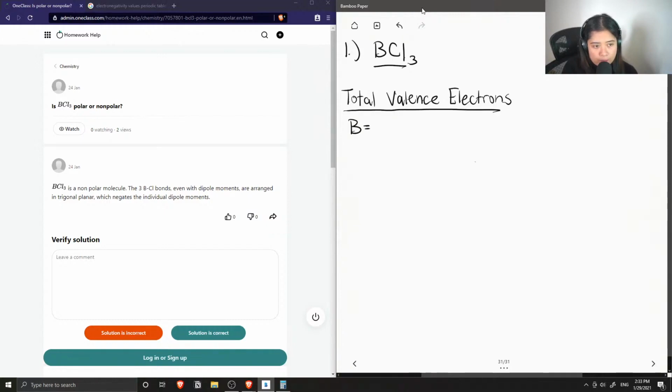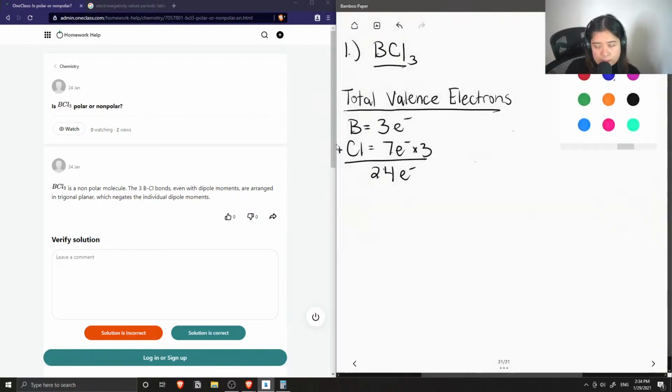So boron has 3 valence electrons and chlorine has 7. And since there are 3 chlorine atoms in this molecule, we multiply this by 3 to give us a total of 24 valence electrons.